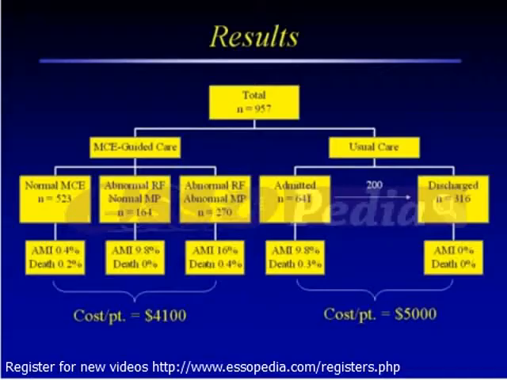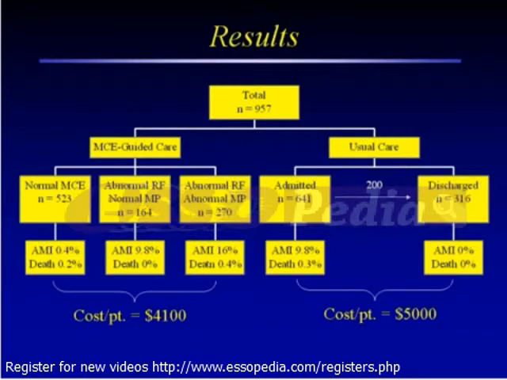This slide summarizes the cost of the patients based on the two different approaches to their care. The right-hand side of the screen shows patients who were evaluated using the usual care arm. Out of the 957 patients, the vast majority of patients were admitted to hospital, 641. The rest of the patients were kept in a chest pain center and were ruled out before they were discharged from the emergency department chest pain center.